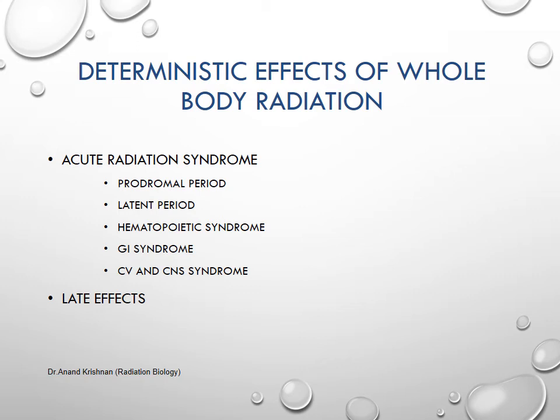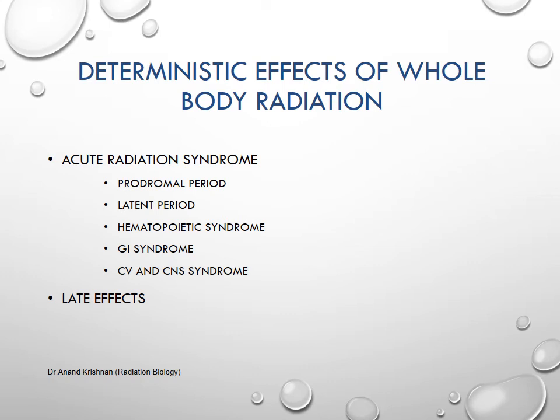In acute radiation syndrome, you have a prodromal period, then a latent period, then hematopoietic syndrome, then gastrointestinal syndrome, and cardiovascular and central nervous syndrome. So acute radiation syndrome is a culmination of all of this.